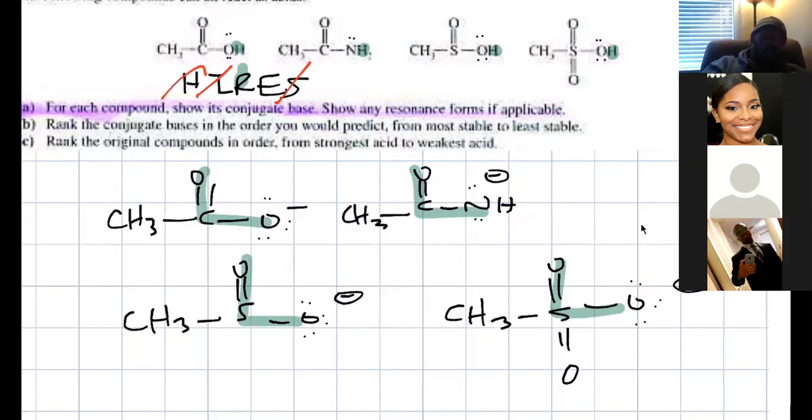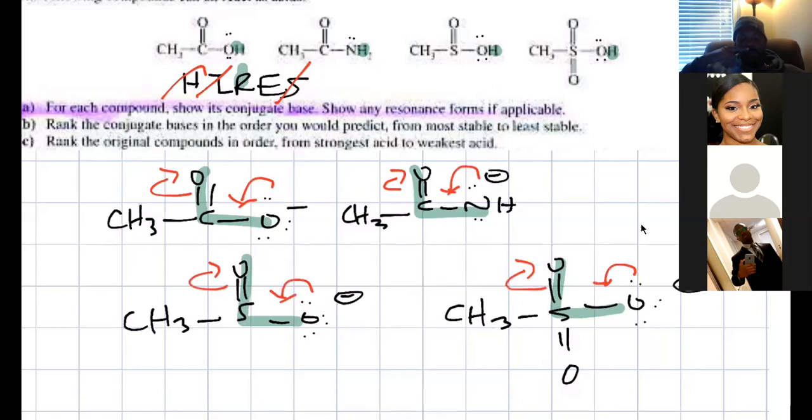Right, so I'm just going to put the arrows in. You can draw the resonance forms in. All right, you can do that. So all of them can do resonance.